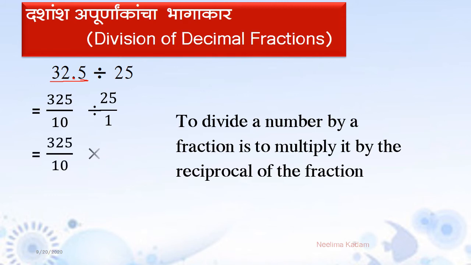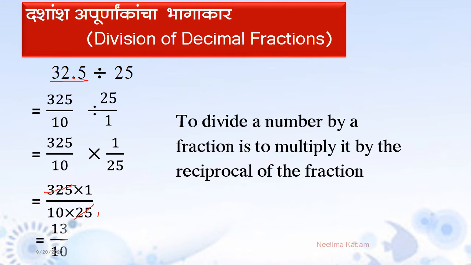So 325 upon 10 into 1 by 25. 325 into 1 upon 10 into 25. 25 1s are 25, and 25 3s are 75. So 13 upon 10. So the answer will be 1.3.